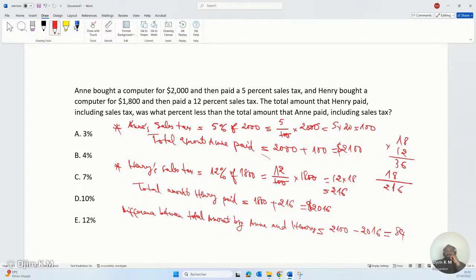So we need to find what 84 represents in terms of the total amount that Anne paid. We say was what percent less than the total amount that Anne paid.